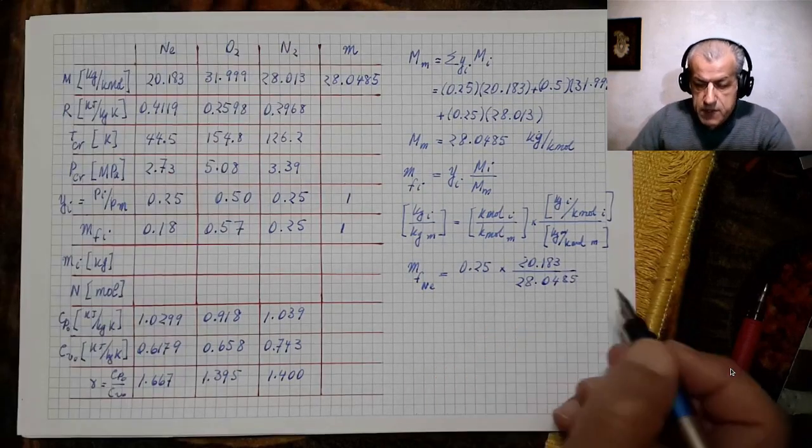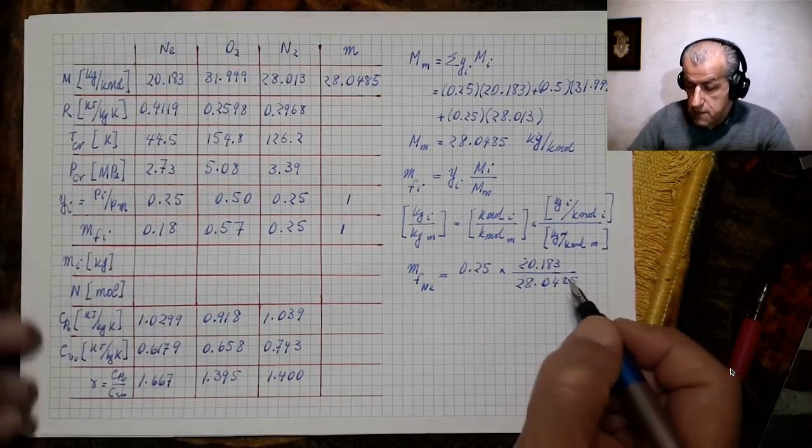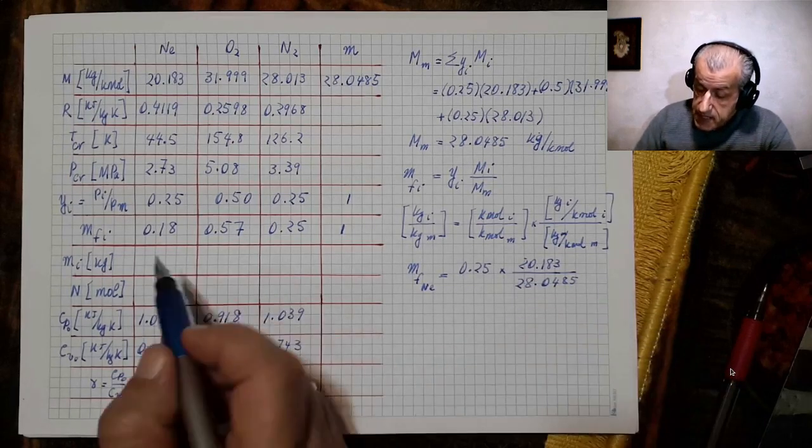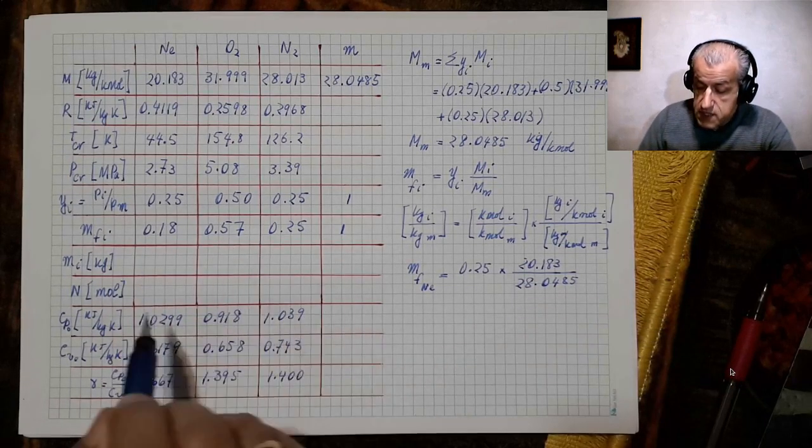And the outcome for this one should be 0.18. This is how we calculate different values in this row.